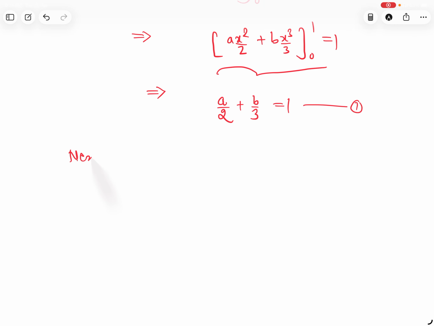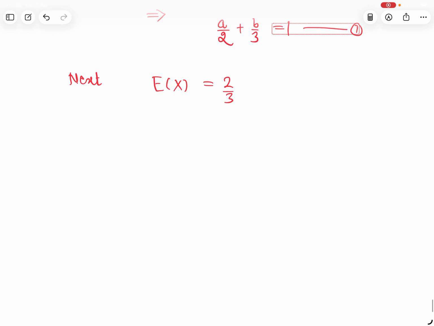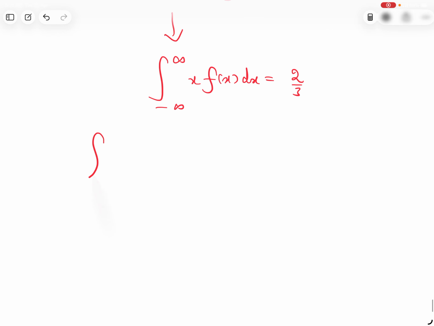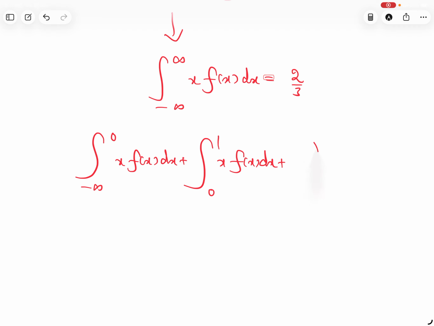Next, the expectation of x is given as 2 by 3. The formula for expectation is the integral from minus infinity to plus infinity of x f(x) dx, which equals 2 by 3. Again, we can break this integral into minus infinity to 0, 0 to 1, and 1 to infinity. Since f(x) is 0 in the outer ranges, those parts are 0. So we get the integral from 0 to 1 of x times ax plus bx square dx, that is, the integral from 0 to 1 of ax square plus bx cube dx, equal to 2 by 3.